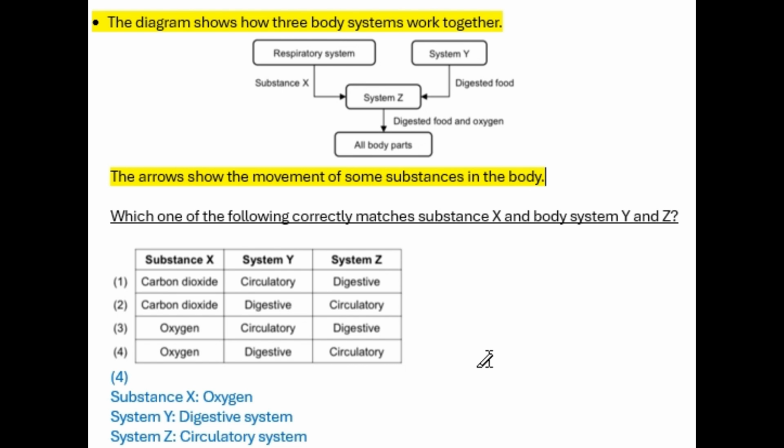Which one of the following correctly matches substance X and body systems Y and Z? 4. Substance X, oxygen. System Y, digestive system. System Z, circulatory system.